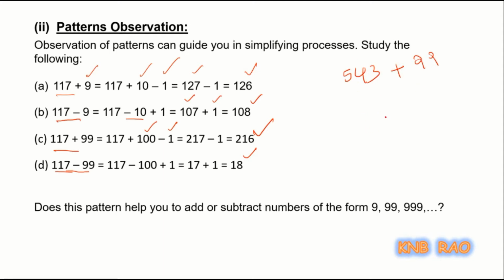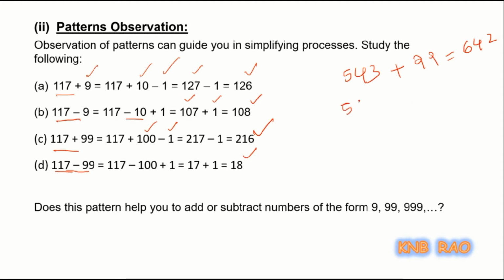First increase 100 more to it, that is 643, and since we added 1 more than required, 1 less than that gives 642. So, that easily we can say 543 plus 99 will be 642.